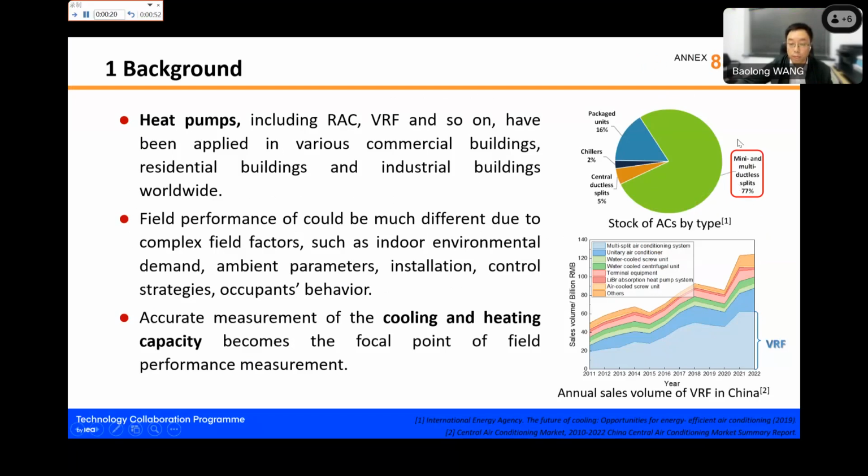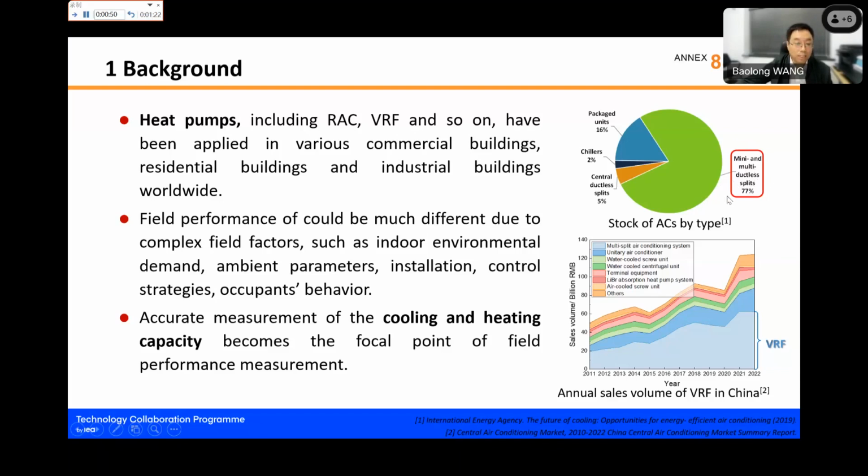From the survey of the IEA, you can see that especially the small capacity VRF and room air conditioner are the majority, but we also see that compared to the lab test performance, especially the COP of the heating and cooling capacity, the field performance could be much different.